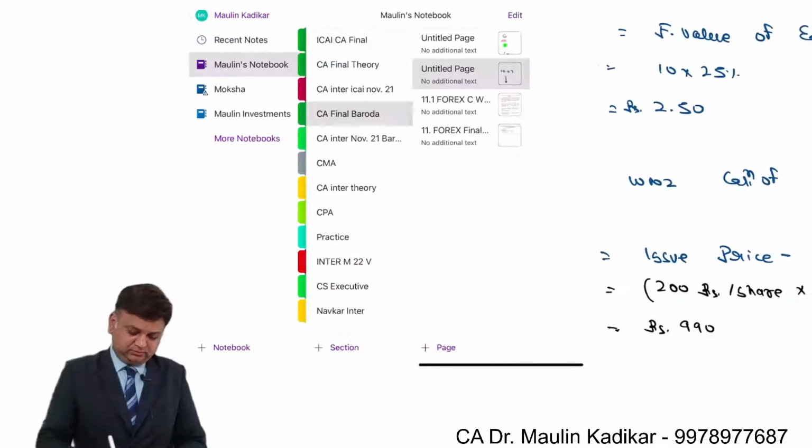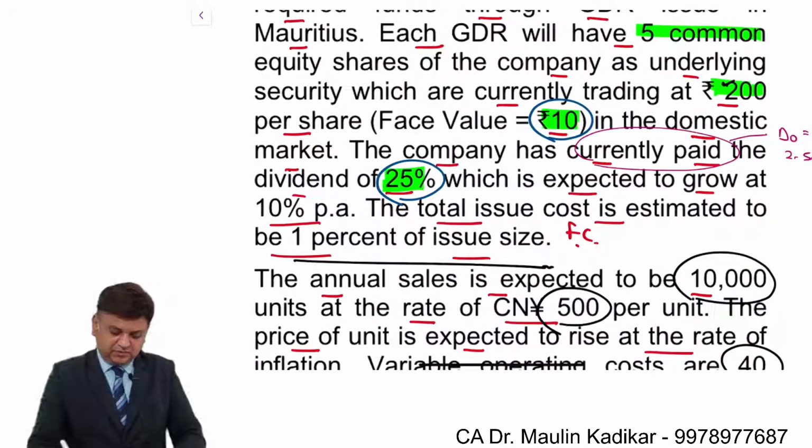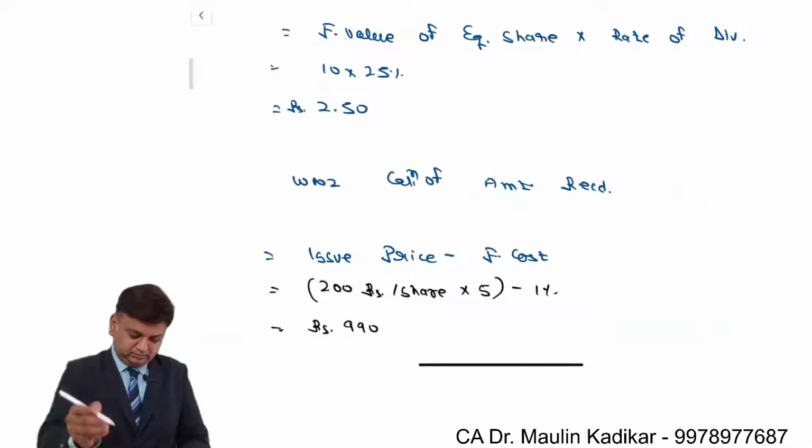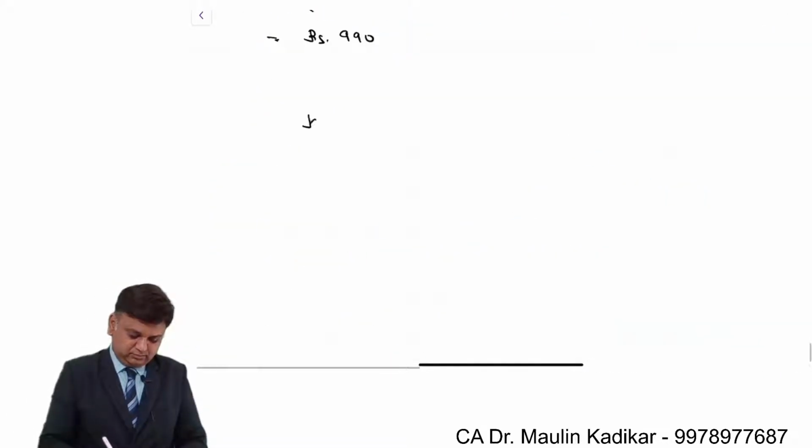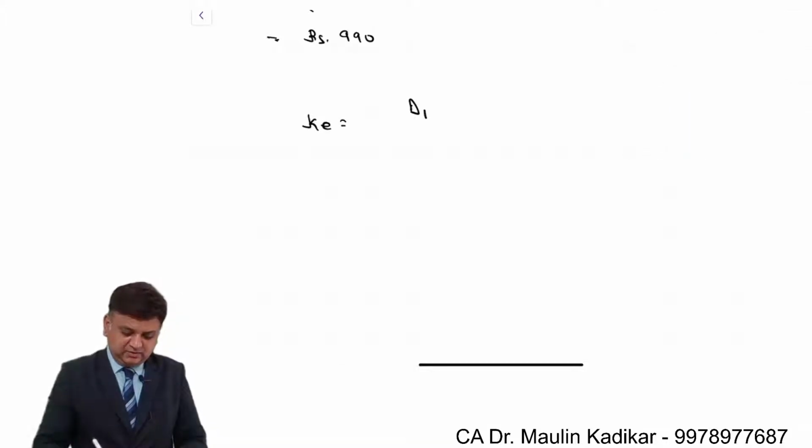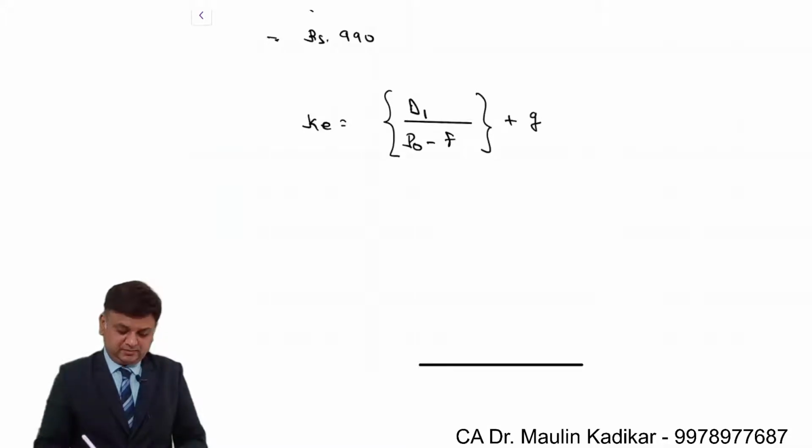Okay. What is the growth rate? Growth rate is 10%. So K is D1 divided by P0 minus flotation cost plus growth rate.